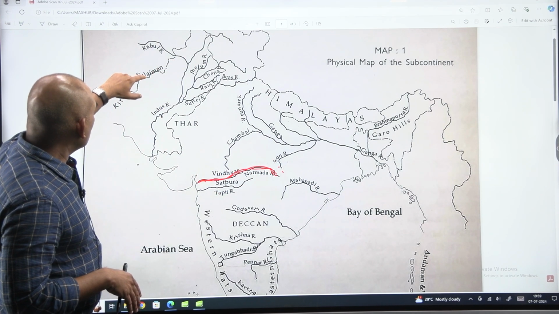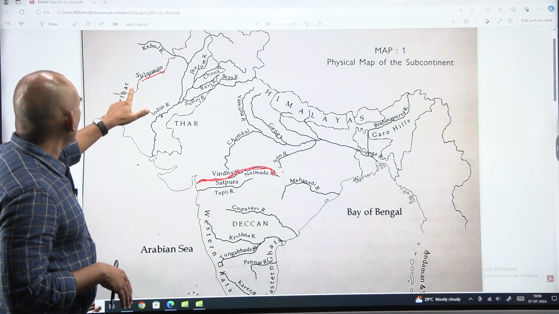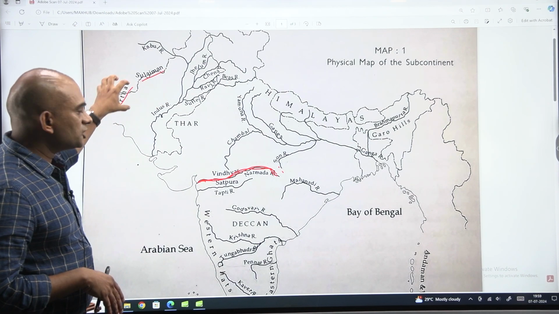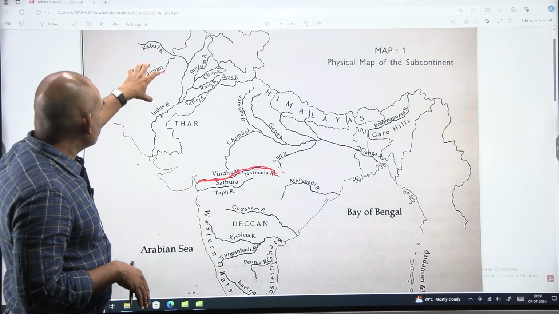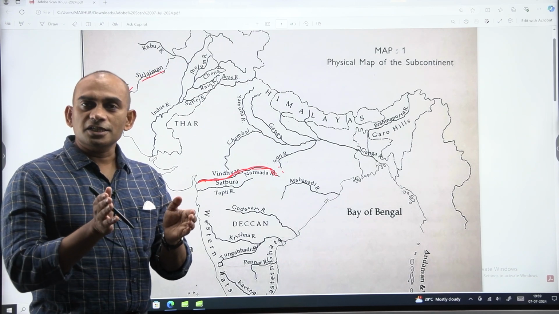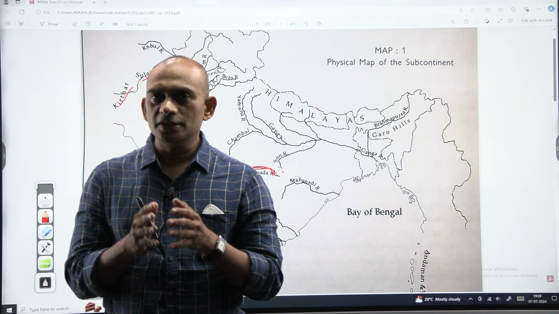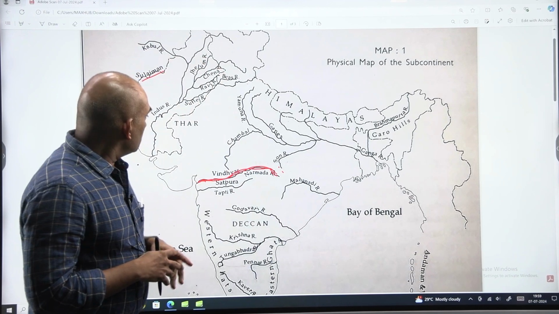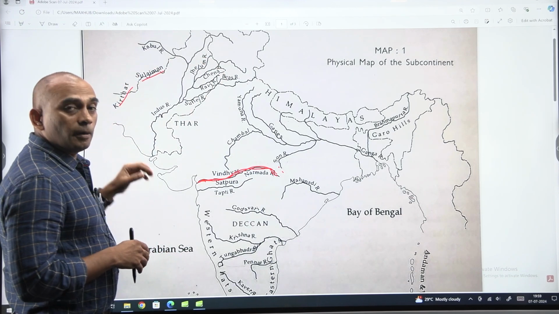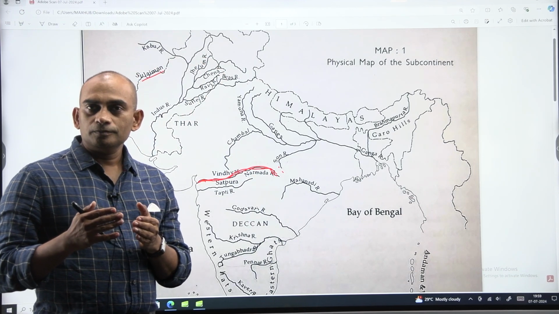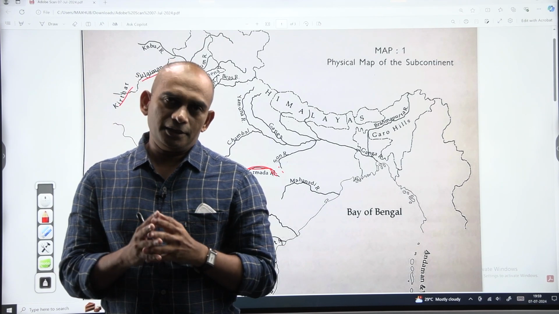And if you come to the Suleiman and Kirthar range, this region has another significance. What is the speciality of this region? Here, people began growing wheat and barley.